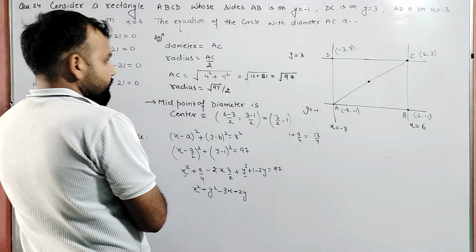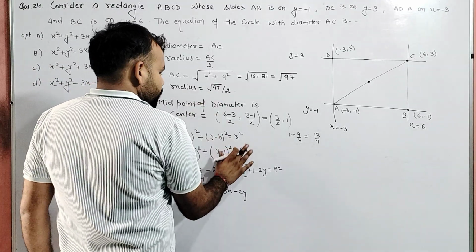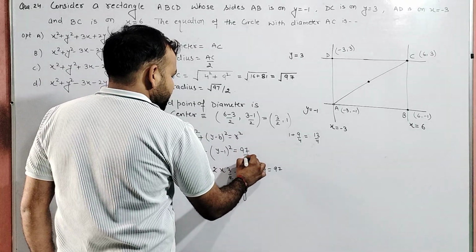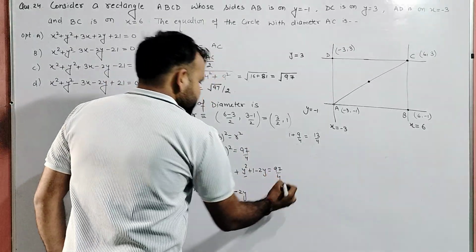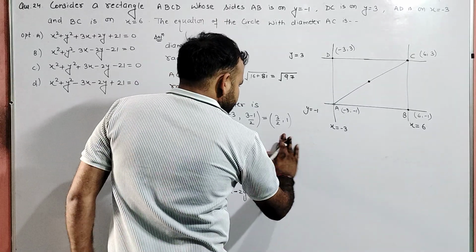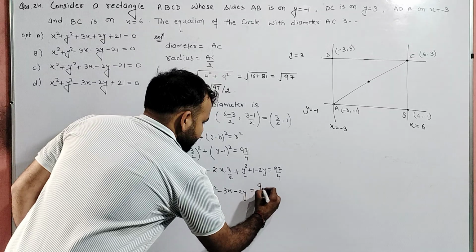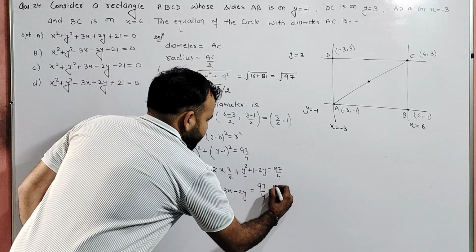Sorry student, the radius is root 97 by 2, that means the square is 97 divided by 4. So this is 13 by 4, and if we take this 13 by 4 to the right side, it is 97 by 4 minus 13 by 4.